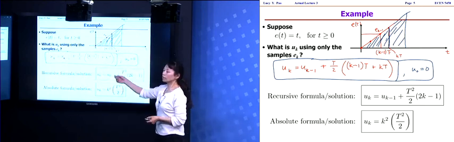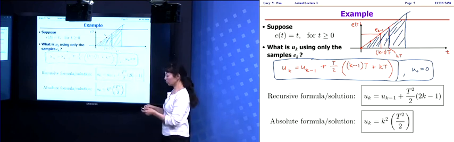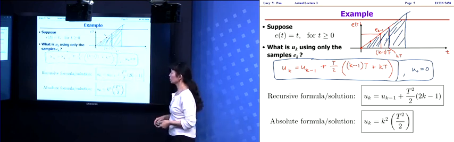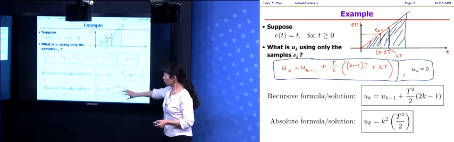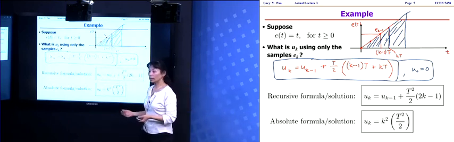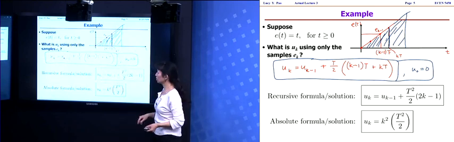Now, unless you have a first order difference equation or simple second order difference equation, typically you won't be able to solve for U_k directly in the time domain like here.